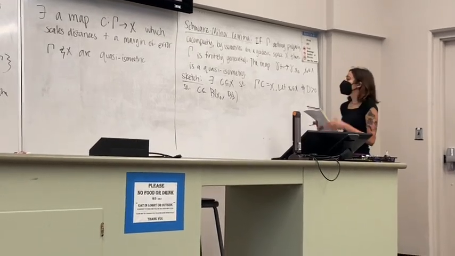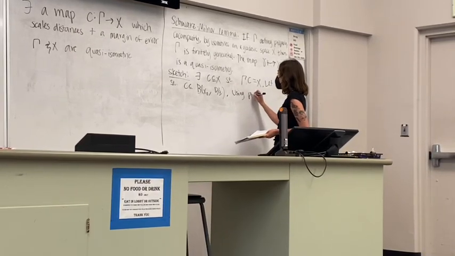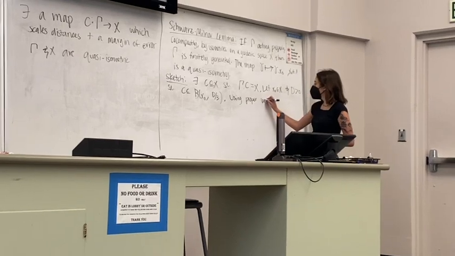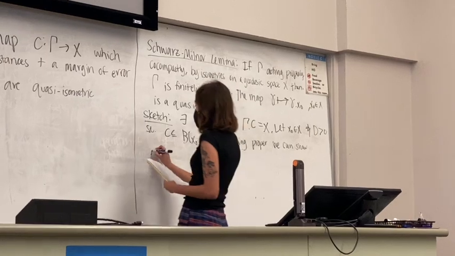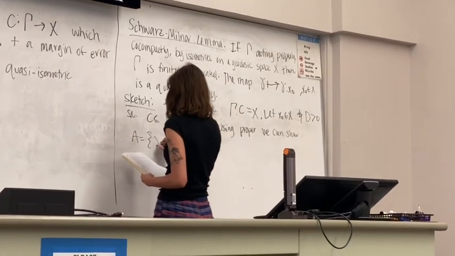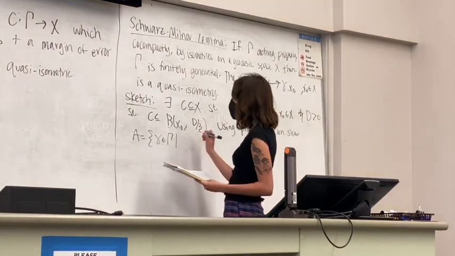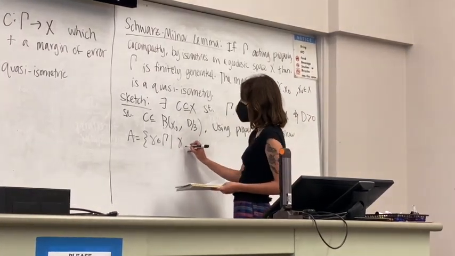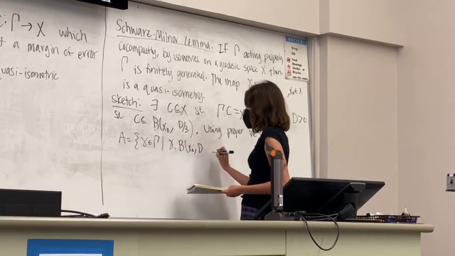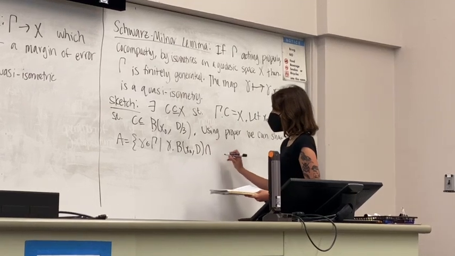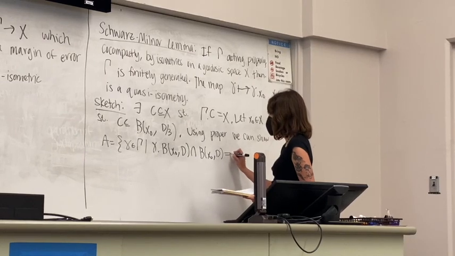Okay. Furthermore, using the fact that the action is proper, we can show that the set A, which is all elements gamma of Gamma such that gamma applied to the open ball centered at x naught of radius d intersects the open ball centered at x naught of radius d, is not equal to the empty set.